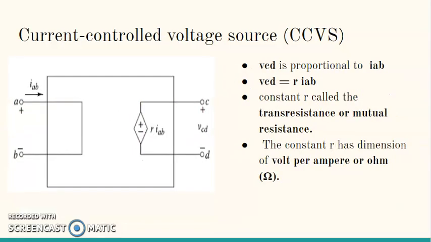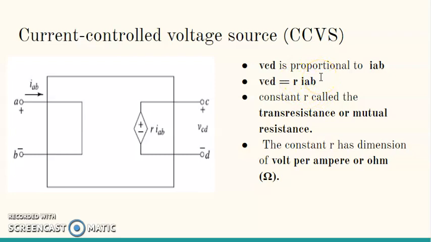The next type of dependent source is the current controlled voltage source. Here, in the diamond on the right hand side, we have a polarity sign within it, indicating that it is a voltage source. The value of its output voltage VCD is given by VCD equals R into IAB. That means the value of the output voltage VCD will change according to some current IAB.